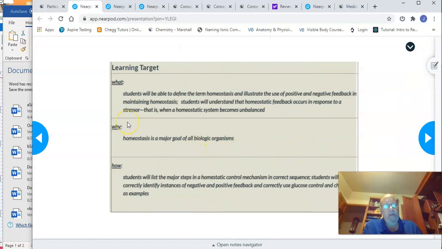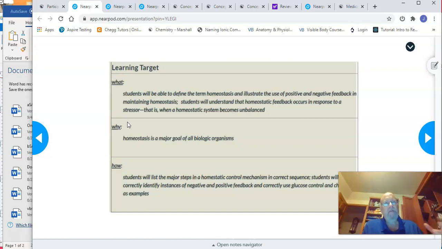And then another learning target, you'll be able to define the term homeostasis and illustrate the use of positive and negative feedback in maintaining homeostasis. You'll understand that homeostatic feedback occurs in response to a stressor, that is, when a homeostatic system becomes unbalanced. So this is talking about body systems that we have to cause changes that will correct imbalances.